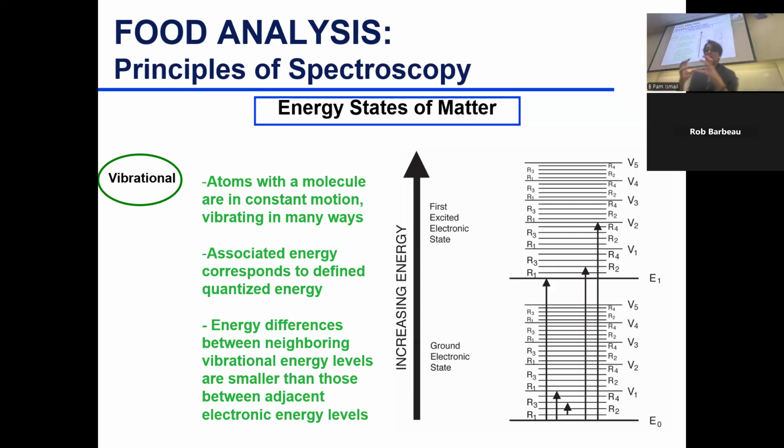So the vibration is within a molecule. Is there vibration energy in the atoms? Atom by itself? No. The vibration is within a molecule. The atoms are vibrating due to the bonds within a molecule. So there's no vibrational energy in atoms, but in a molecule, there is vibration energy, electronic energy, and rotational energy.